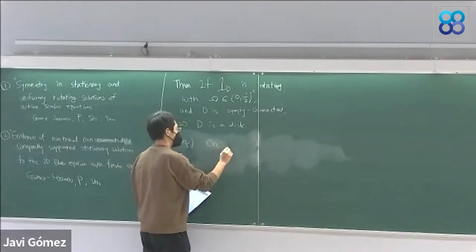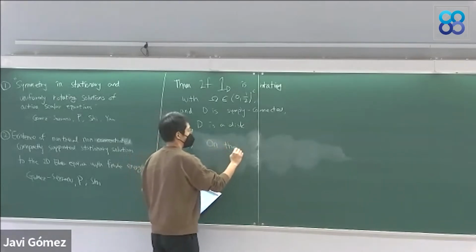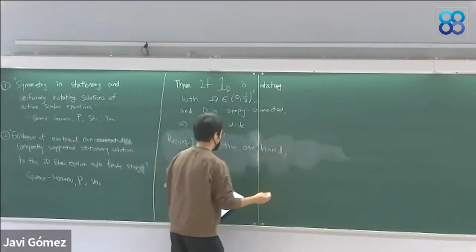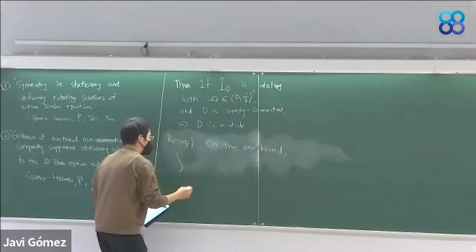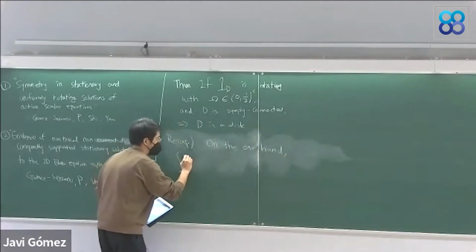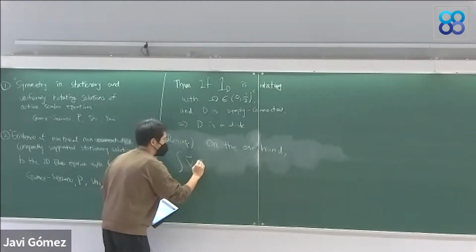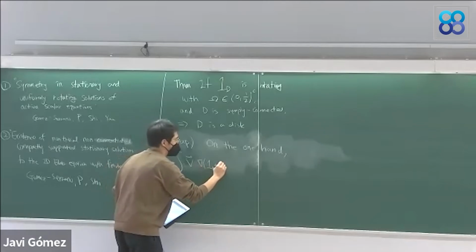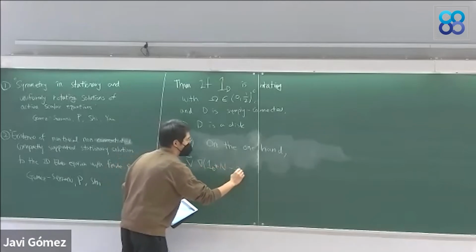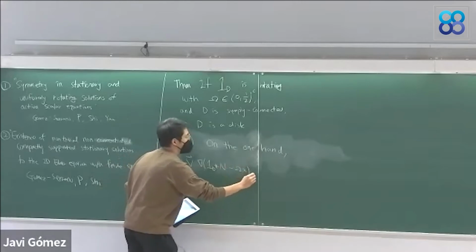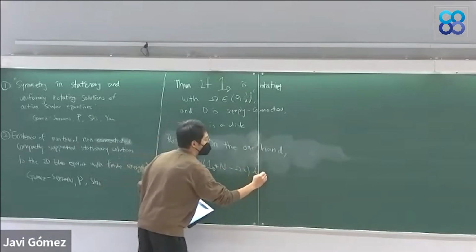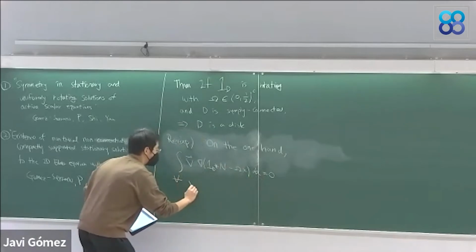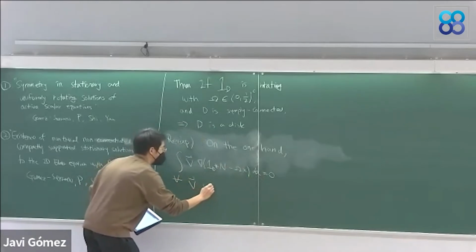So last time we showed that on the one hand, we have the following integral to be the gradient of minus omega x for any g.